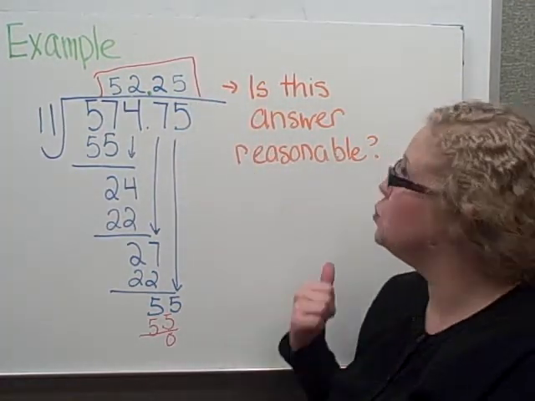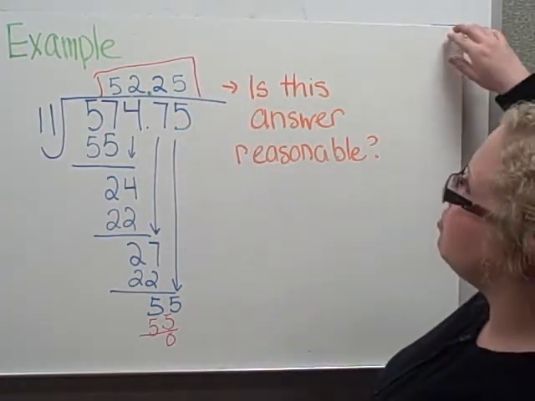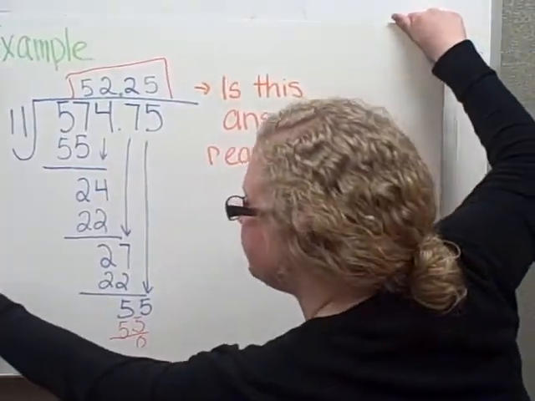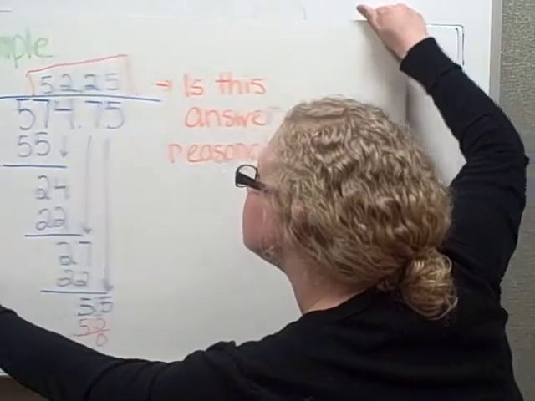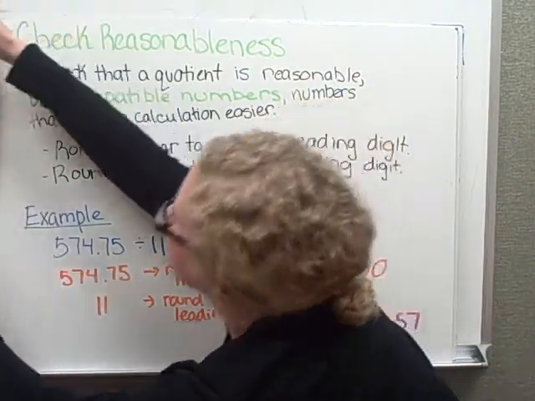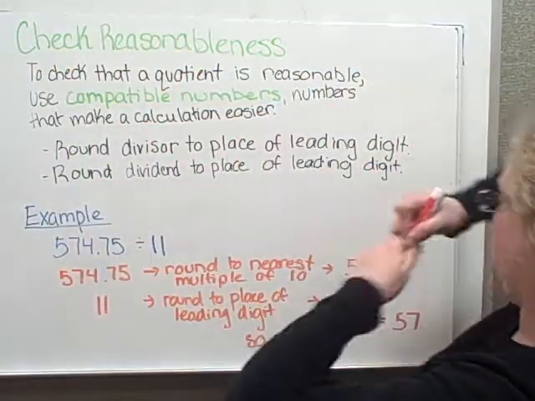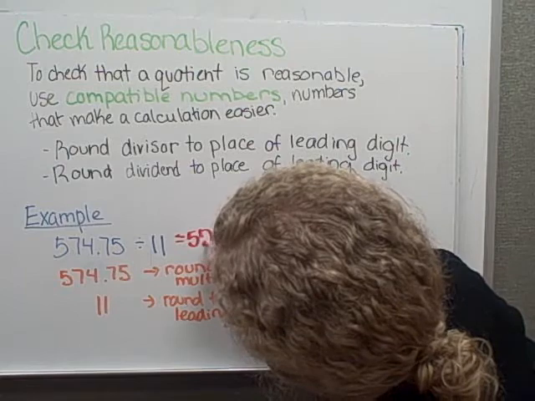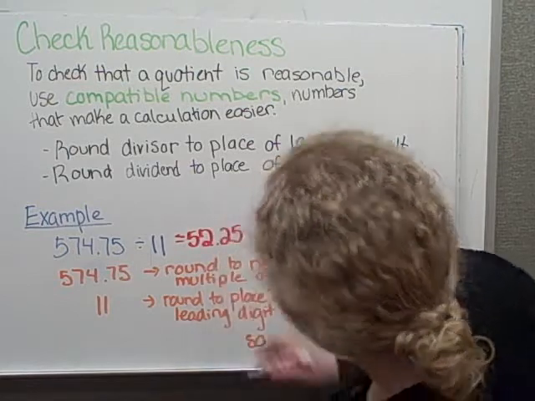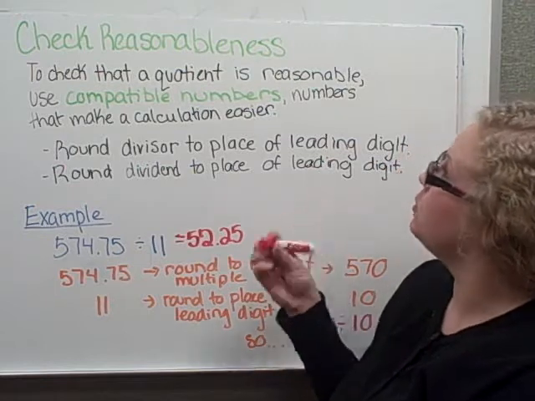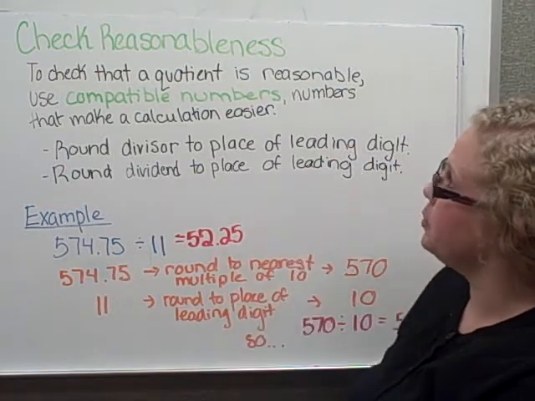Now, is this answer reasonable? We could check if an answer is reasonable by using compatible numbers.